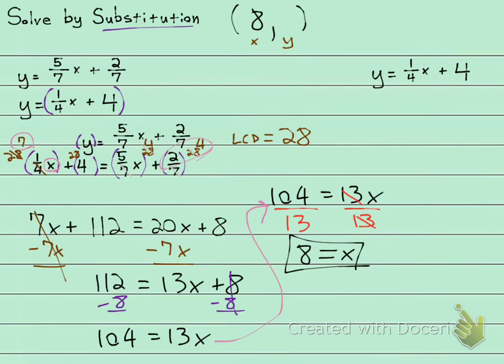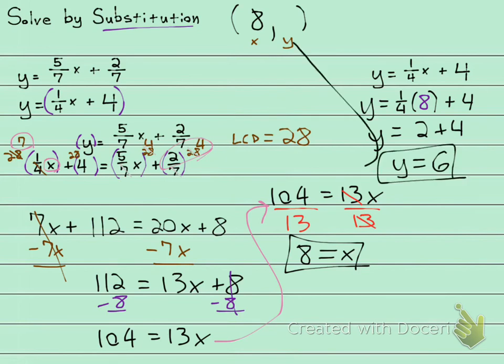Let's go ahead and do it. y equals 1/4 times x plus 4. x is 8. So we have 1/4 times 8, and that is 2. 2 plus 4 is 6. So we get the same answer if we do it this way.